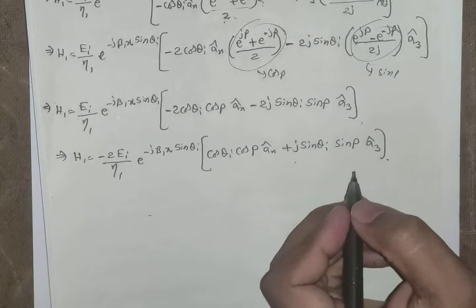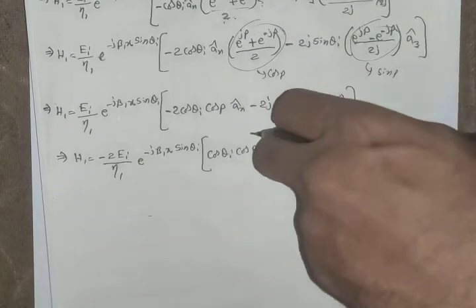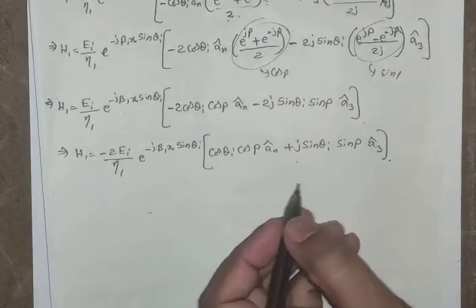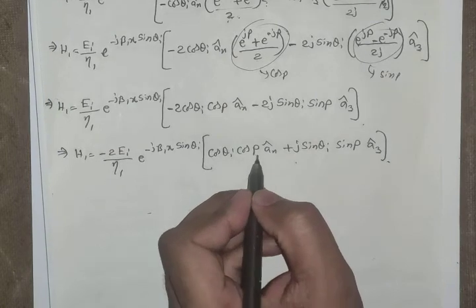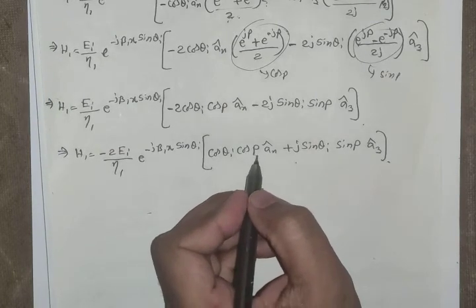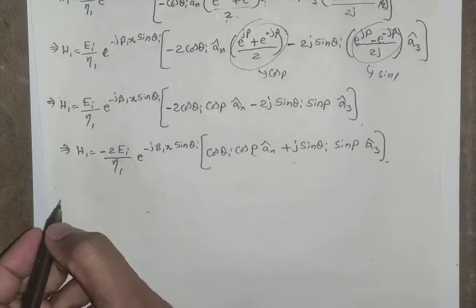Now simplify this entire equation. Substitute the value of p; we already assumed p equal to beta 1 z. Now substitute here.